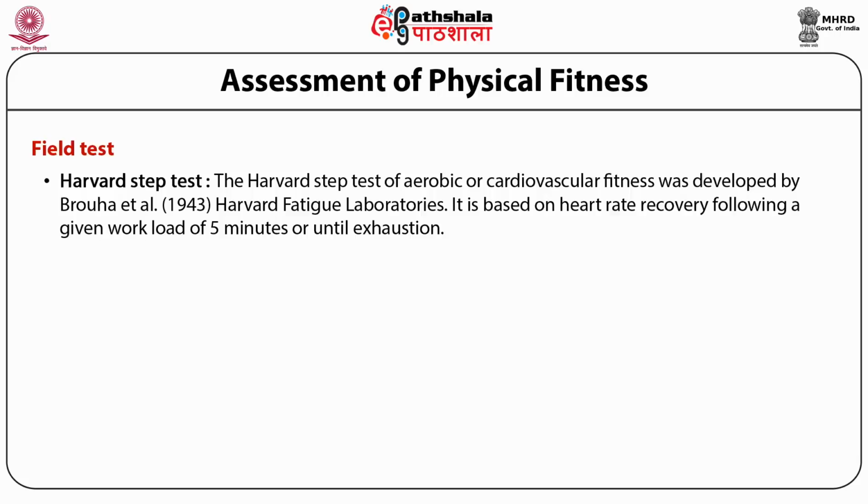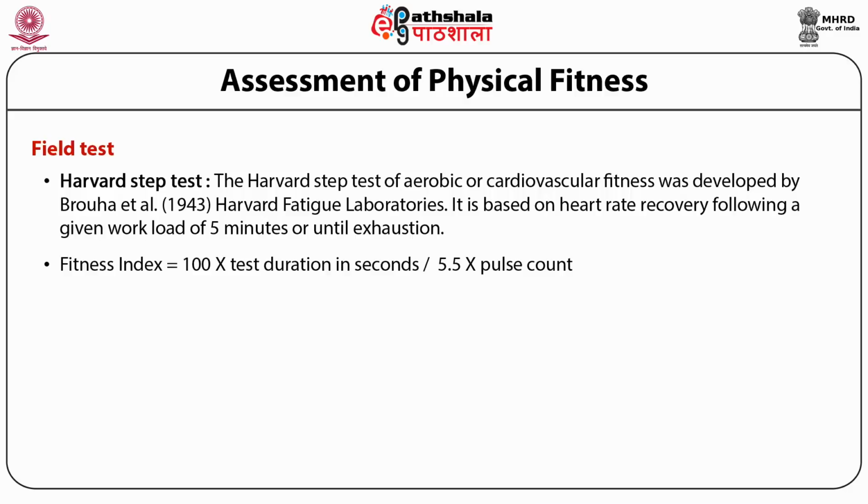The physical fitness is determined by the formula: fitness index is equal to 100 multiplied by the test duration in seconds, divided by 5.5 multiplied by the pulse count of the subject after finishing the exercise.